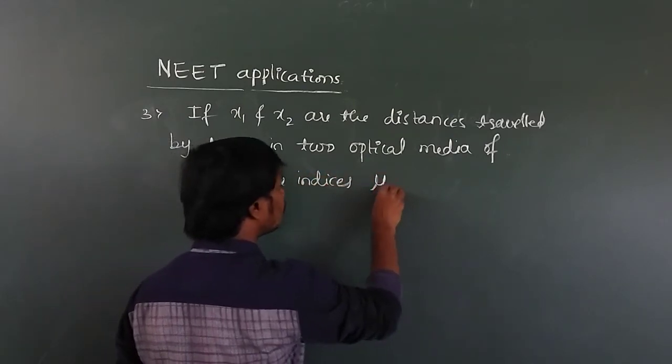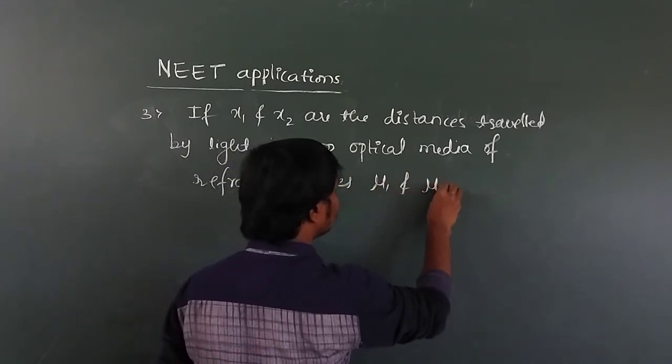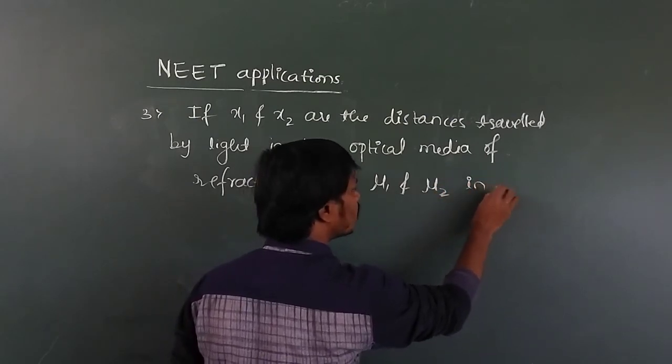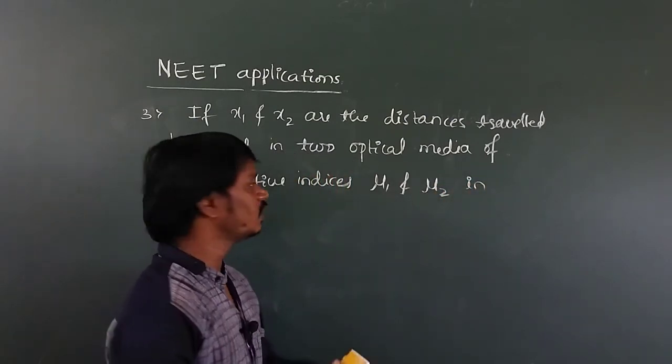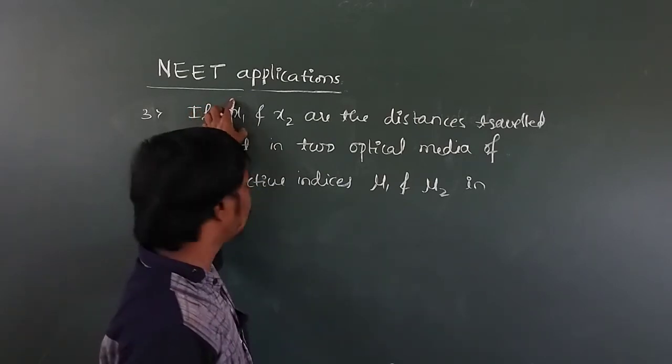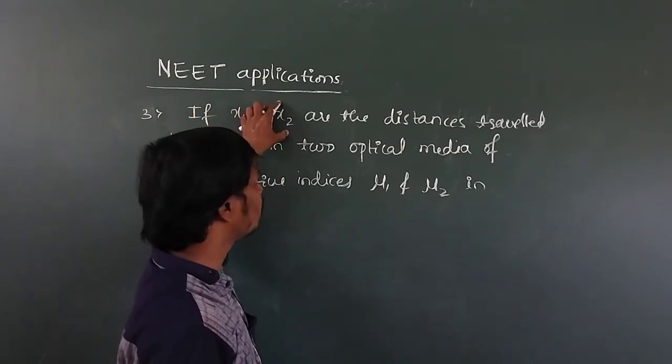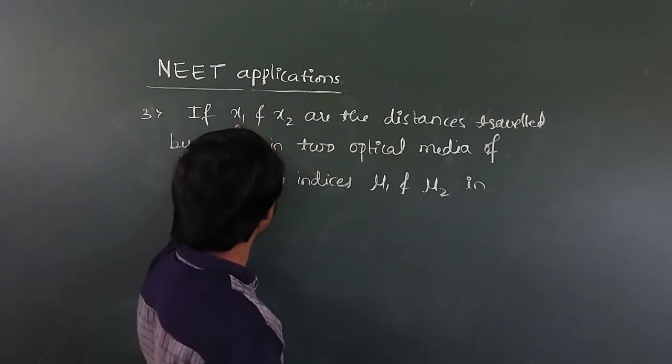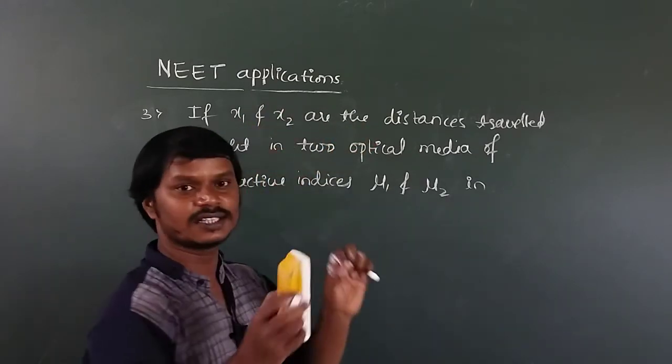This is very important. What is the condition here? The distance traveled by the light x1 in the first medium and x2 is the distance traveled by the light in the second medium, and for x1 and for x2 the time taken is the same.